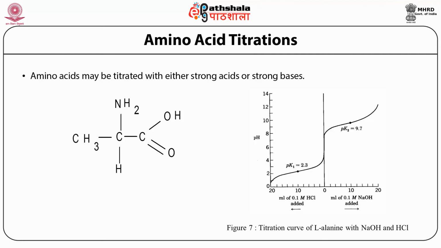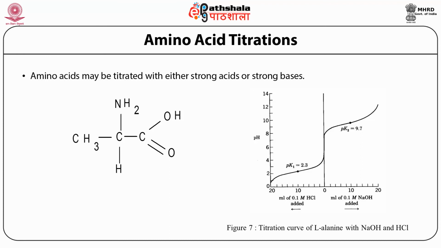The structure of an amino acid is given below, where a proton is available and two protons from the amino group may also be liberated. The titration curves for L-alanine are shown in figure 7.